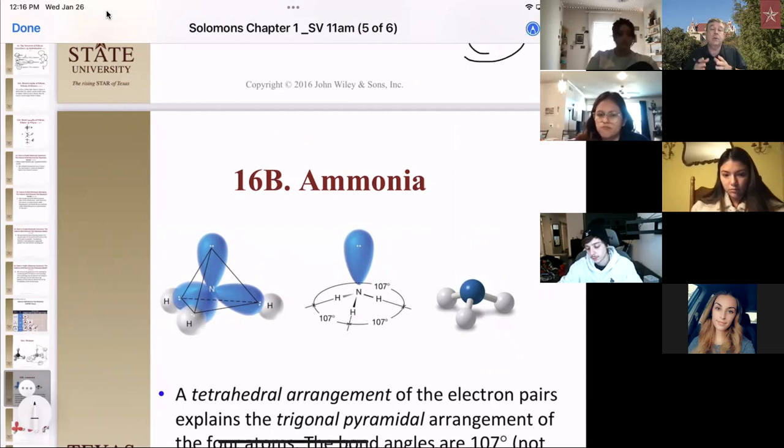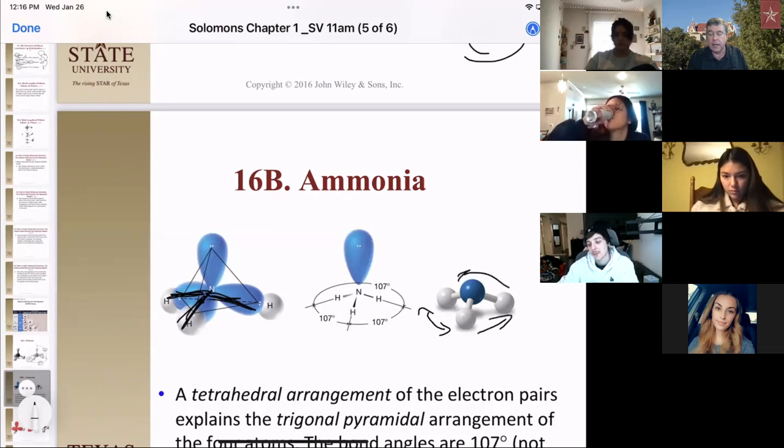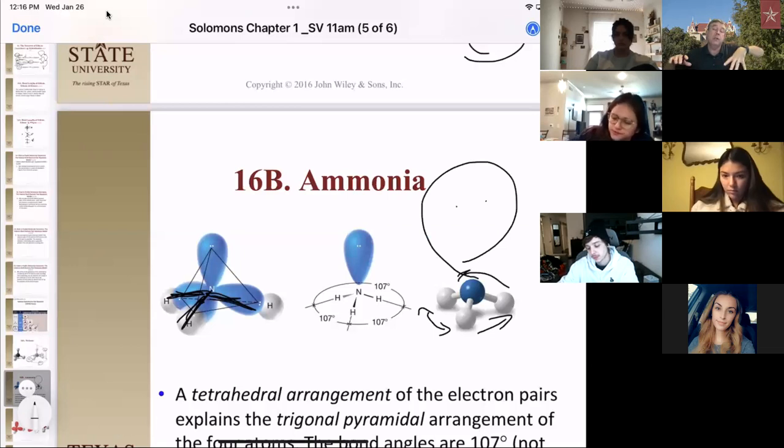It has a tetrahedral arrangement of electrons, but if we look at just the bonds, this is a sigma bond, this is a sigma bond, and this is a sigma bond, it turns out that that lone pair is spreading those out, pushing those down, and these are 107 degrees apart right here. And this big lone pair up here is taking up more space than a bond because it's pushing them from 109.5 to 107. Okay, so those 2 electrons are taking up more space than a sigma bond.